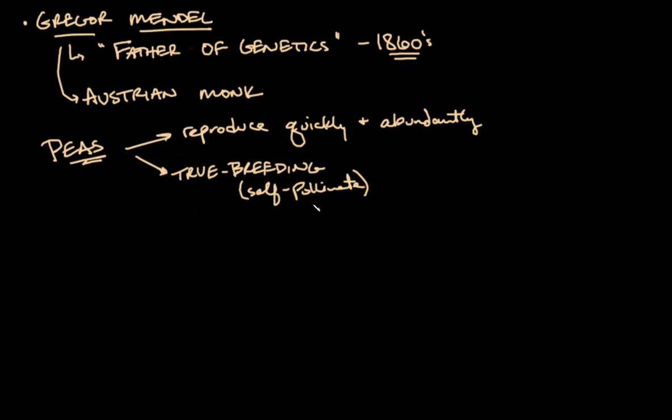So if I took a true breeding green pea plant, or a plant that gives me green peas, and self-pollinated it, you continue to get green peas 100% of the time. Or a yellow pea plant would always give me yellow peas. And its offspring would give me yellow peas. And its offspring would give me yellow peas if it self-pollinated. And he was able to control data that way.